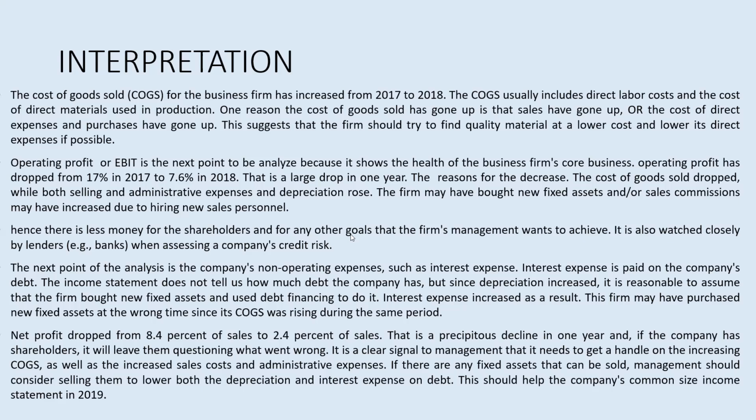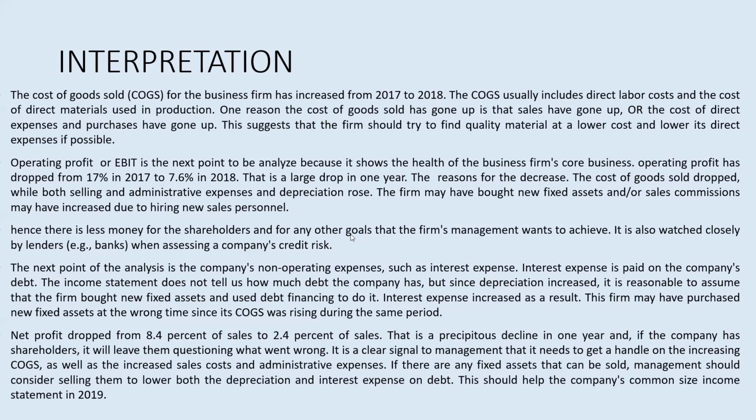So what are the reasons for the decrease? One is that the cost of goods sold increased, while both selling and administration expenses and depreciation expenses have also increased. So the firm may have bought new fixed assets, or they may have spent more money on sales commission, or may have increased administrative cost to hire new employees to the organization with a bigger package.